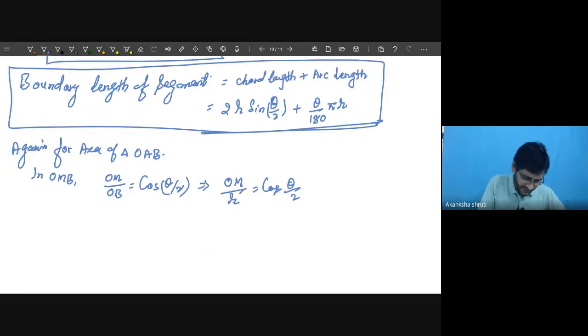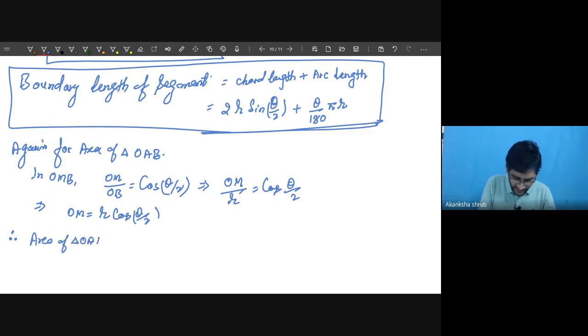Student, this way the OM can be calculated as R cos of theta by 2. Therefore, what is the area of triangle OAB? This is half into base.